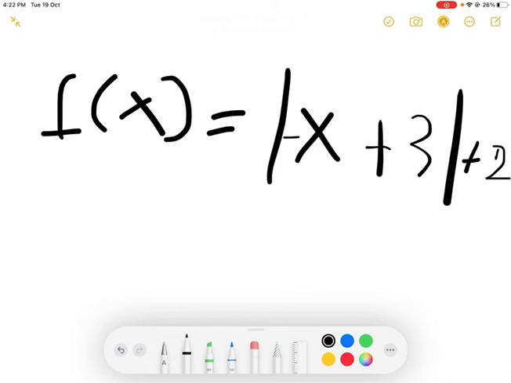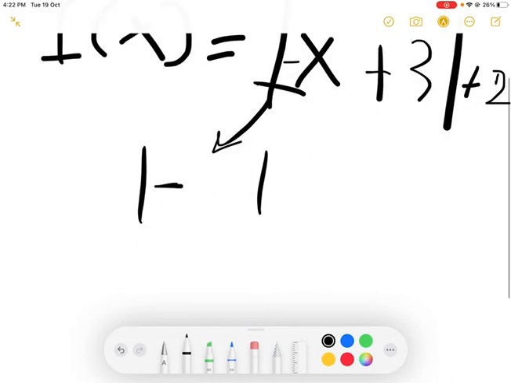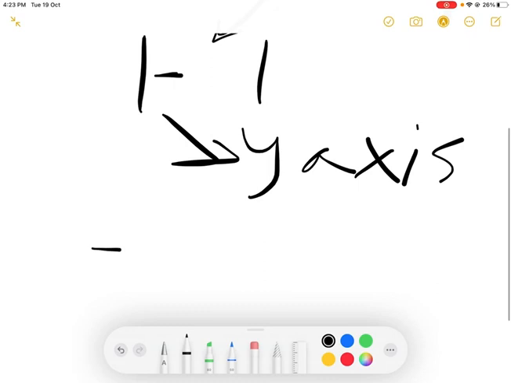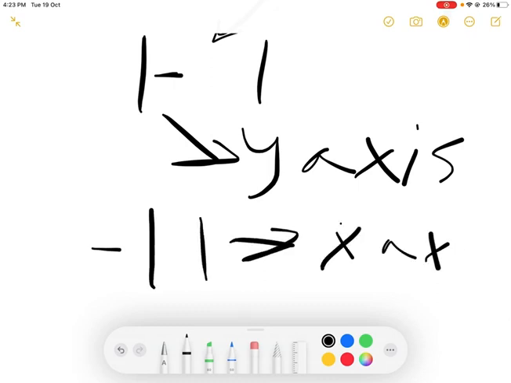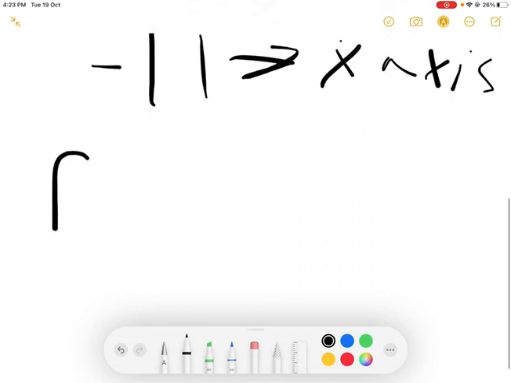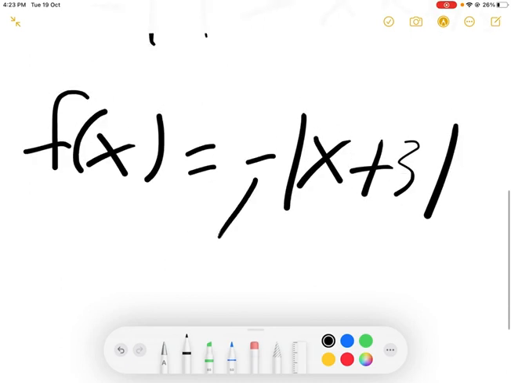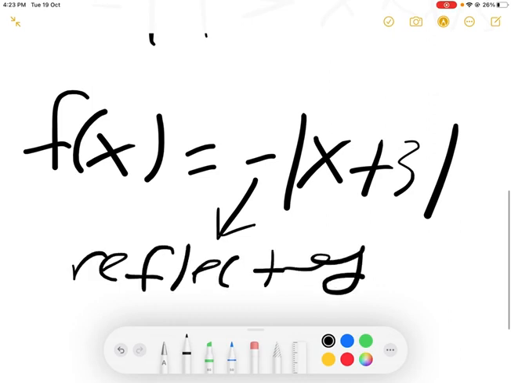If the negative is inside the bracket with the x, then it's reflected over the y-axis. But if the negative is outside of the bracket, then it's the x-axis. So in the equation f(x) equals negative absolute value of x plus 3, the function is reflected over the x-axis.